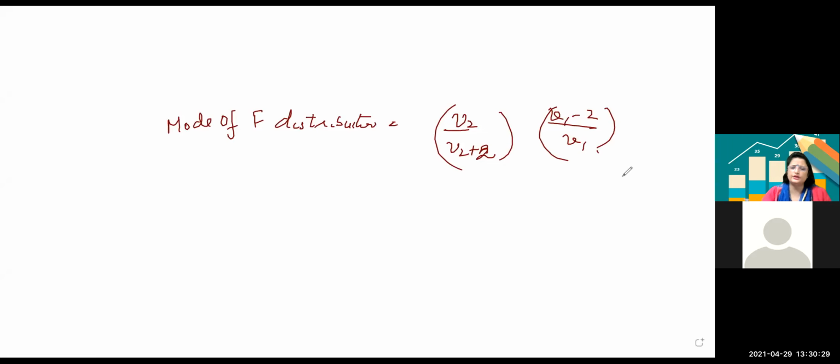Is it greater than unity or less than unity? Less than. It is less than unity.